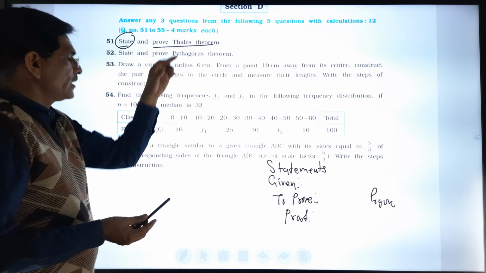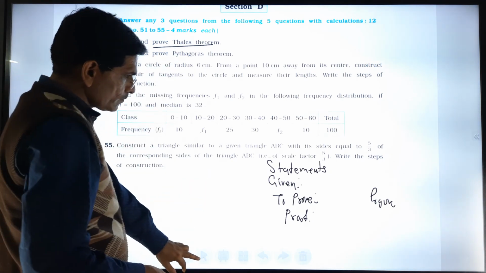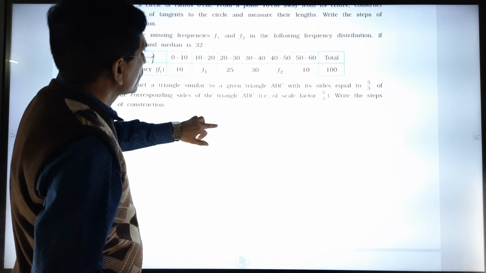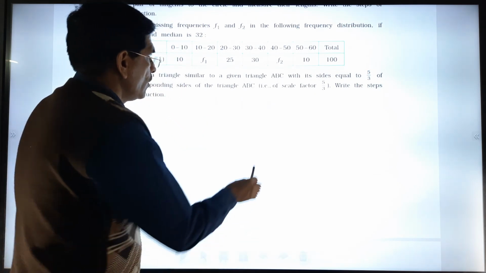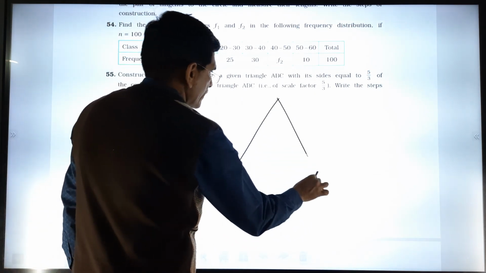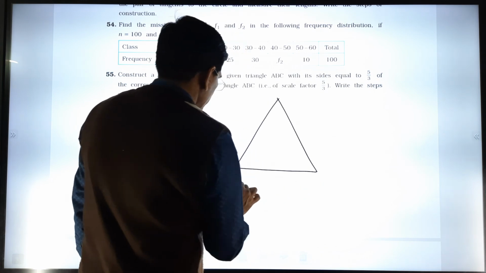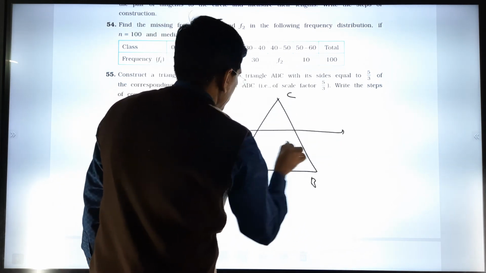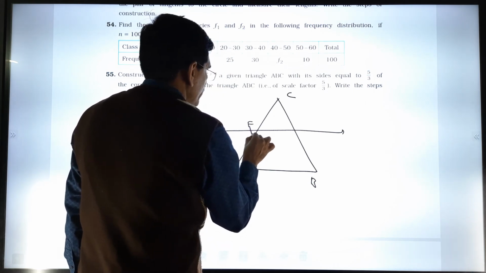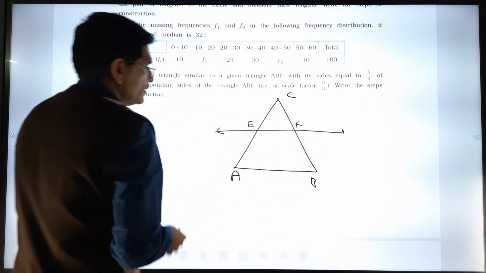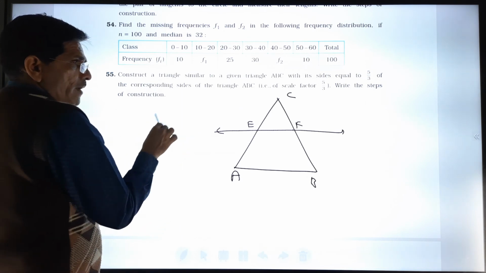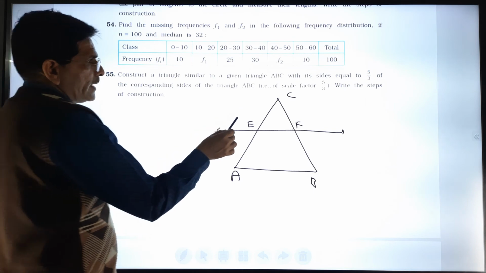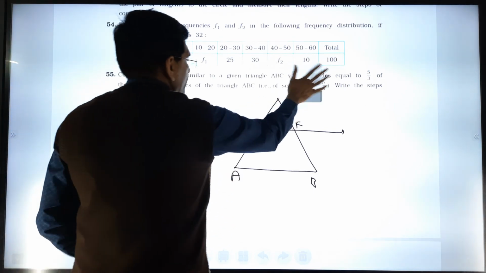So already you know Thales theorem. In Thales theorem, what you have to prove is that in a triangle ABC, if I pass one line, meeting the sides at E and F, then it divides the sides into 2 segments. That is what we have to prove.